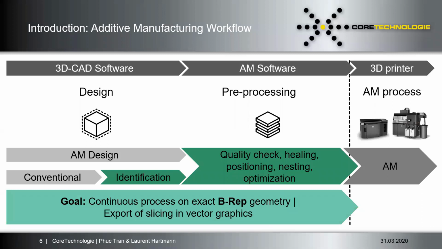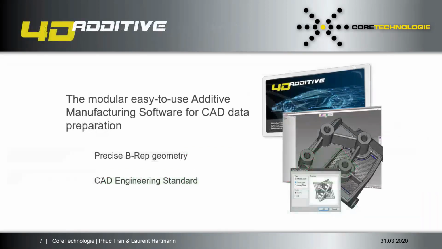So therefore, the goal is the continuous process on exact BREP geometry and export of slicing in vector graphics, so that you are always able to use exact information. So for the additive is a modular based, easy to use software for CAD data preparation. So that means we work on precise BREP geometry and keep always the CAD engineering standard.